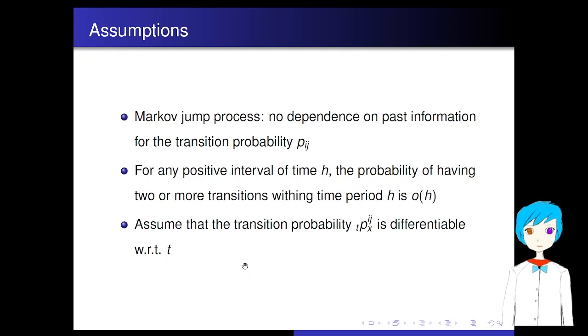So we assume that at any instant there could be at most one state change. Finally, we assume that the transition probability tpx^ij is differentiable with respect to time t.